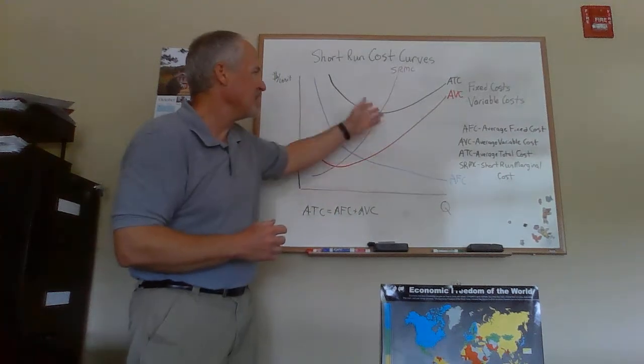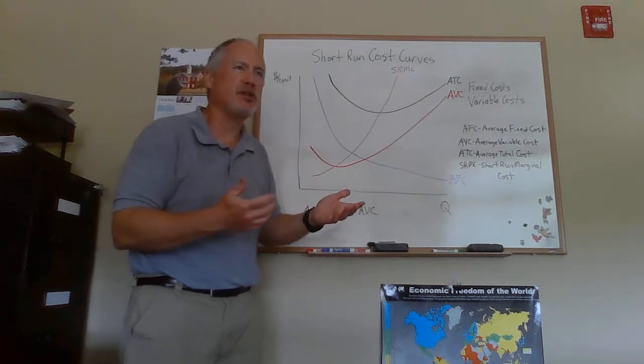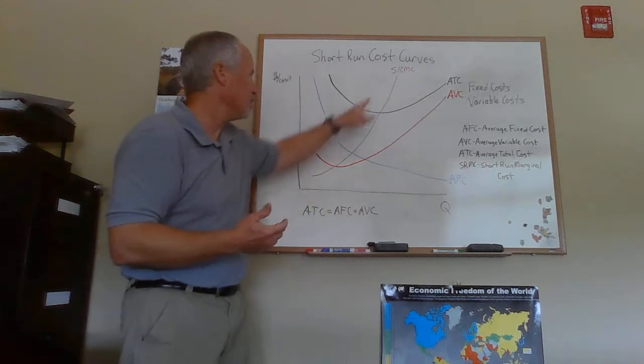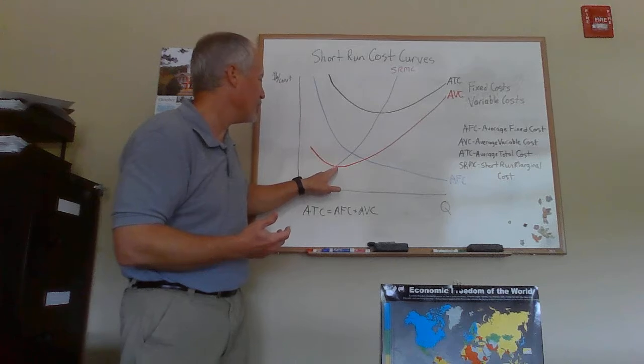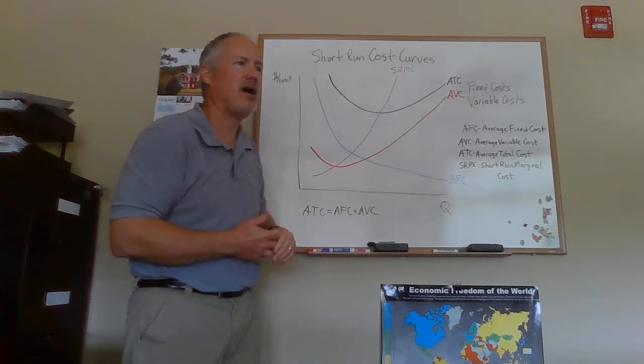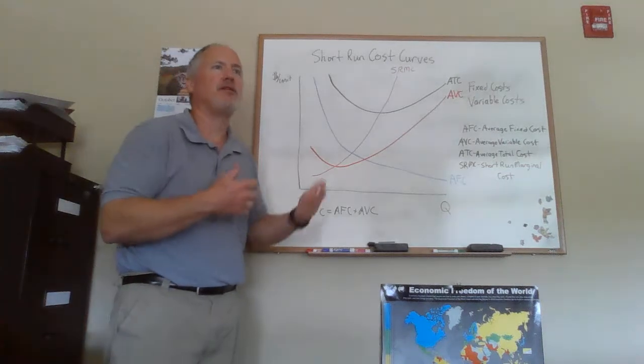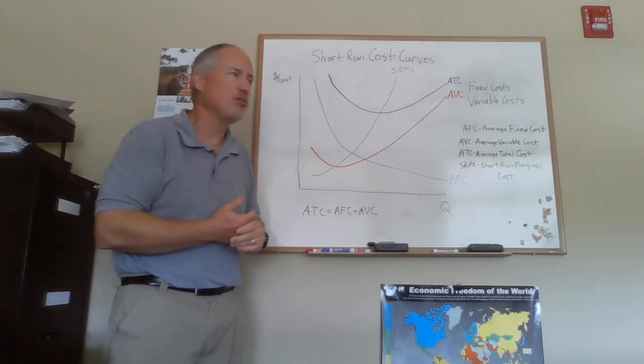The AVC and ATC curves should be drawn with U shapes. And then the short-run marginal cost curve is going to be upward sloping, but you've got to make sure you hit it at the bottom of the J and U respectively. If you're way off, that could be something you lose points for.